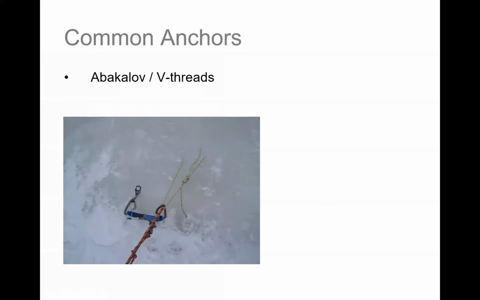There are also other anchors, and they all come up in different situations. This is what's commonly called a V thread, and essentially it's a piece of purlon that you've threaded through a V you made into the ice with an ice screw.